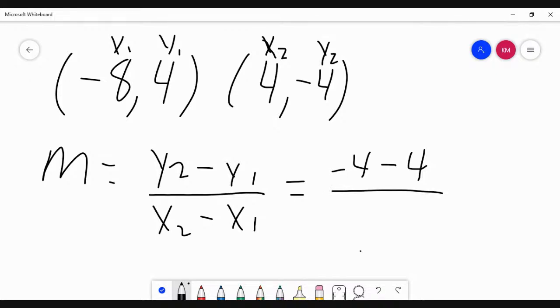Draw your line. X2, that's a positive 4. Minus x1, that's a negative number, so we must put our parentheses and put in parenthesis negative 8. After that, negative 4 minus 4, that gives me a negative 8.